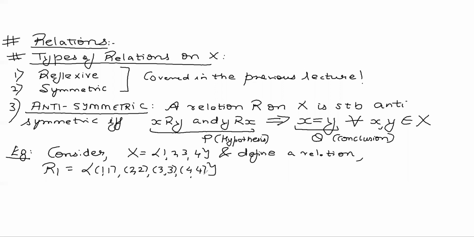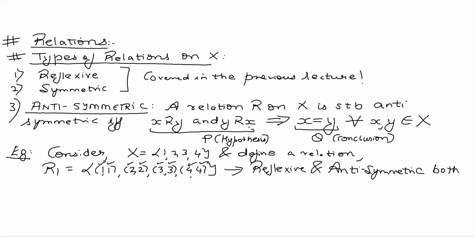Guys, is it anti-symmetric? Let's check. X is related to Y and Y is related to X implies X is equal to Y. You can see 1 is equal to 1, 2 is equal to 2, 3 is equal to 3, 4 is equal to 4. So you can say that this relation is reflexive also and it is anti-symmetric also. This is reflexive and anti-symmetric both.